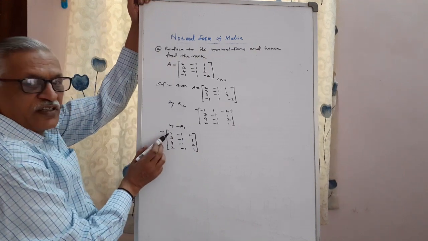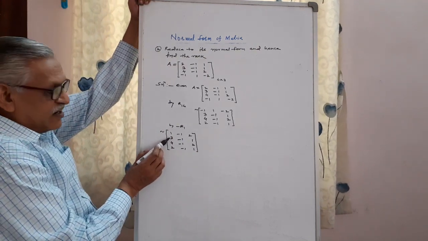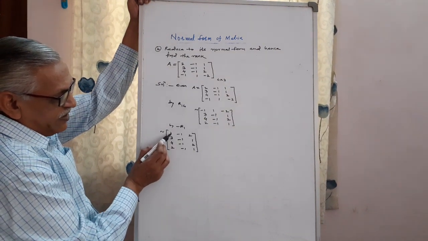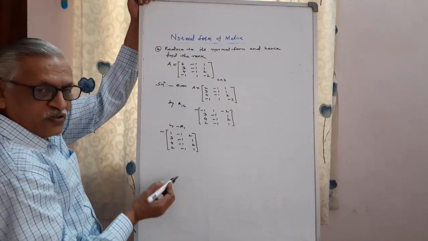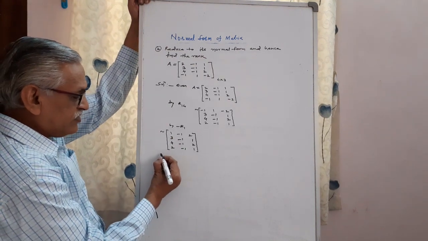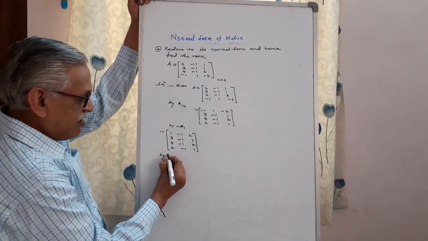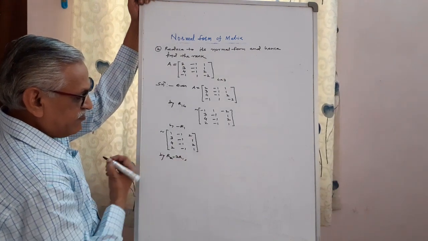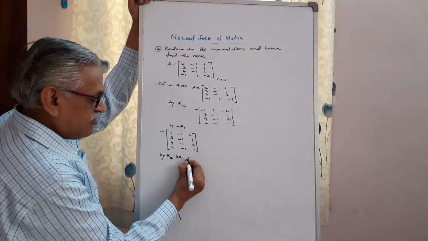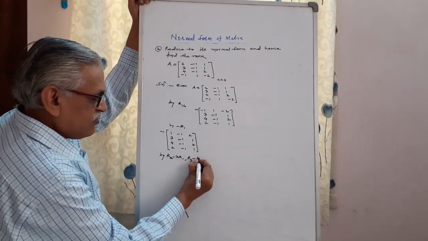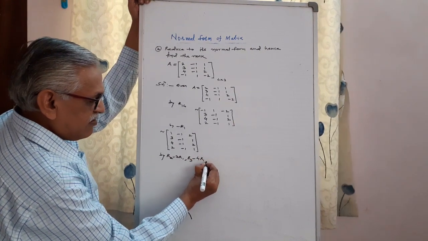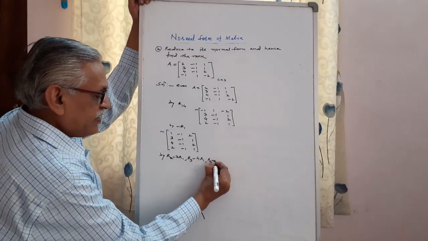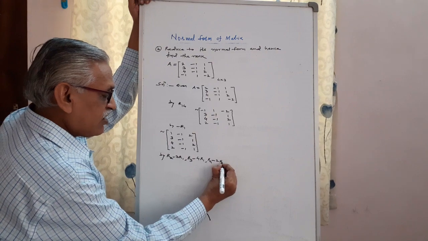Then using this 1, we can convert the remaining entries 3, 4 and 2 to 0: 3 minus 3 is 0, 4 minus 4 is 0, and 2 minus 2 is 0. By applying the transformations R2 minus 3R1, R3 minus 4R1, and R4 minus 2R1.